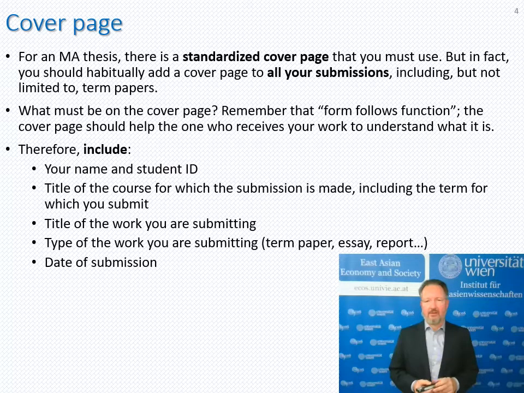But actually, you should have a cover page for all of your submissions, including term papers, but that goes to smaller assignments, written assignments for single courses. Because very often I receive such written assignments and don't even know what course they are related to, because students don't enter this kind of information.